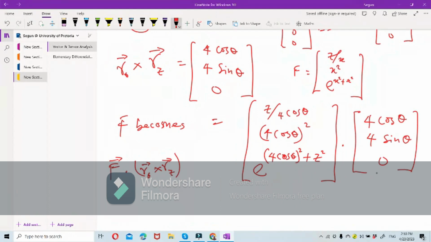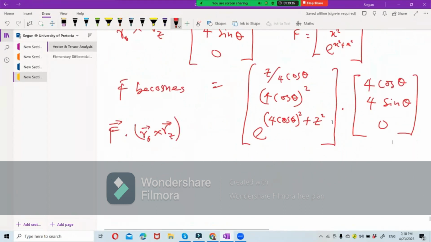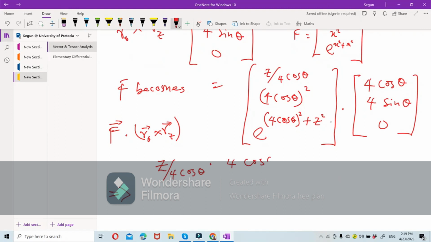So by the time you find the dot of these two, you will have it component by component. Don't forget, z over 4 cos theta dot 4 cos theta. What do you have? This cancels this. You have z. Then 4 cos theta all squared dot 4 sine theta. What do you have?